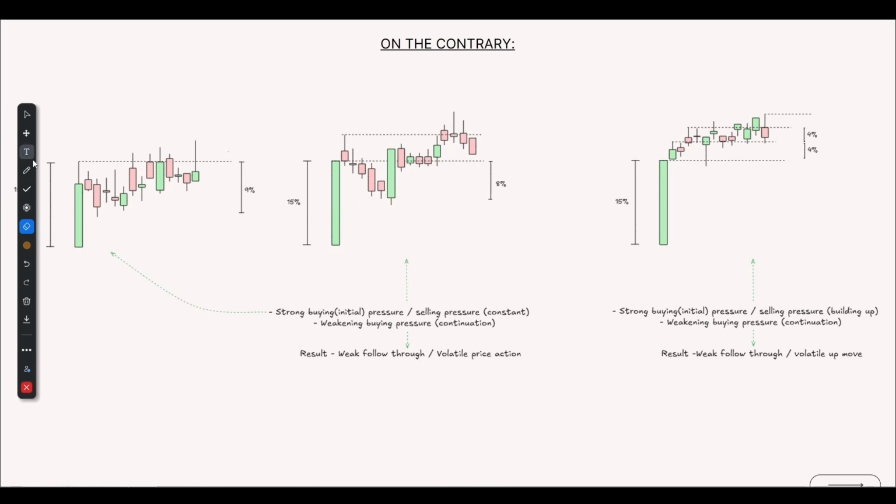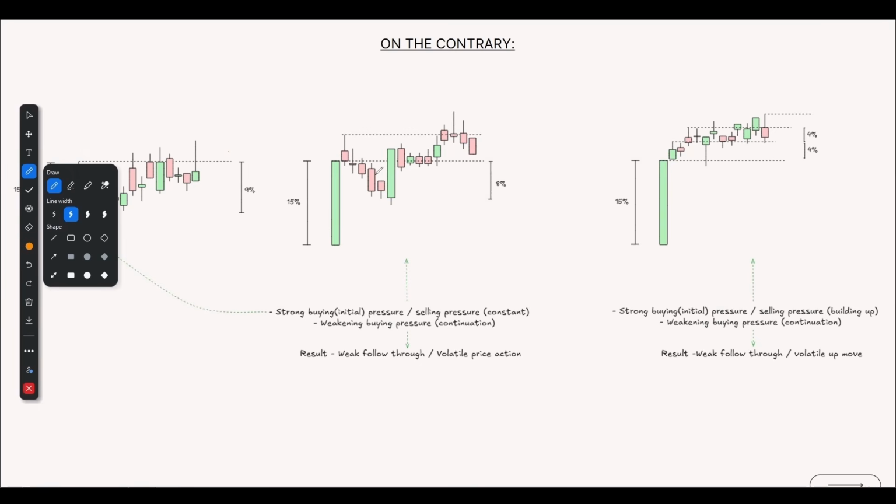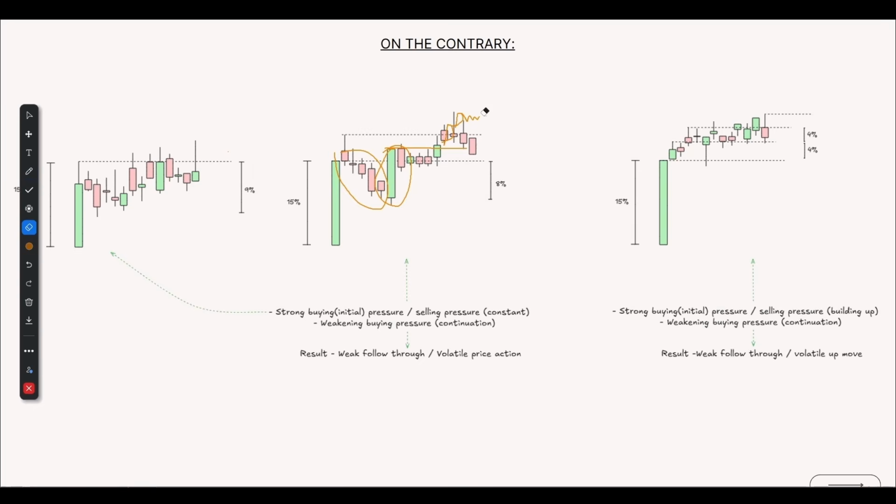Now you can see here that this is a good example that when you see this kind of candle after a good pullback, you should wait for a clean breakout and a follow through and wait for a contraction structure here.